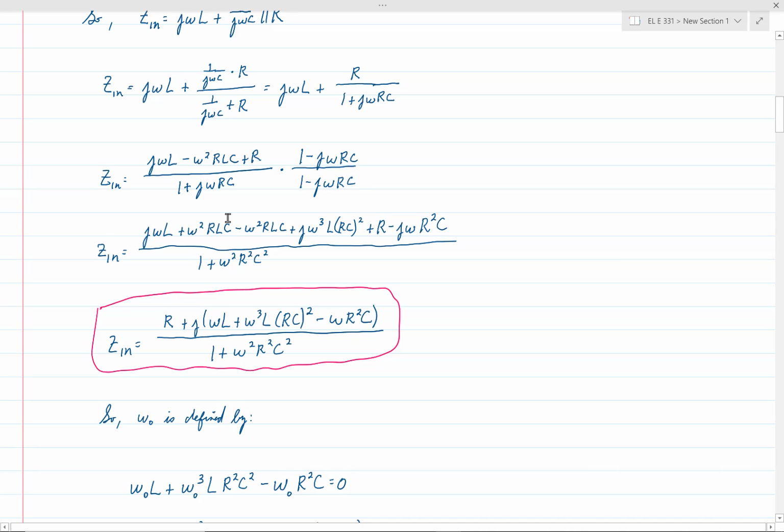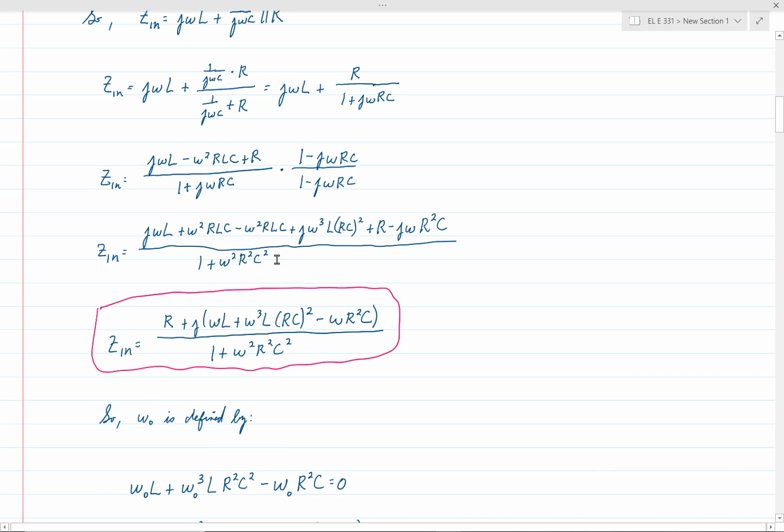And this is basically just algebra here to get this expression, but at the same time, remember that wherever you encounter j squared, that will be equal to -1. Okay, now as predicted, when we multiply the bottom by the complex conjugate of the bottom, we'll get a purely real number down here.